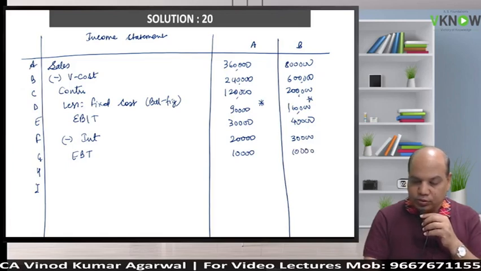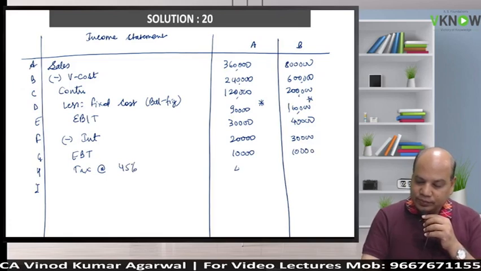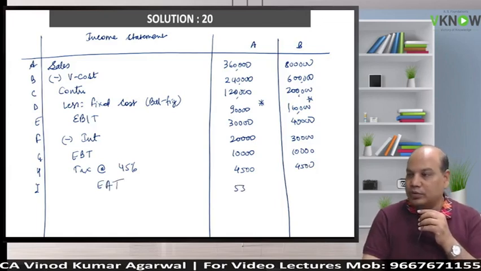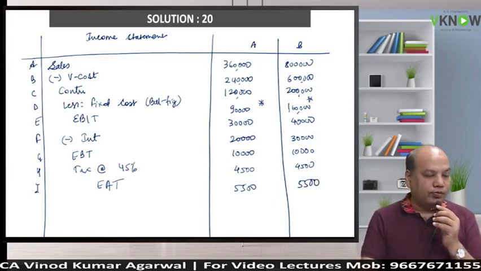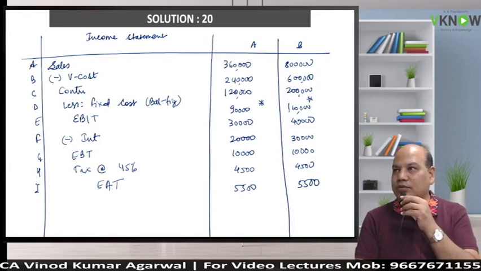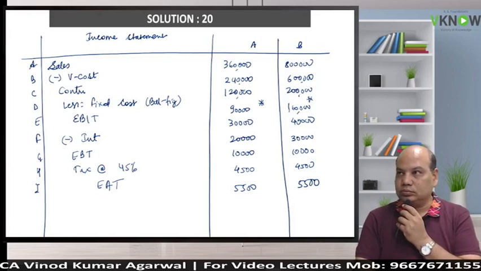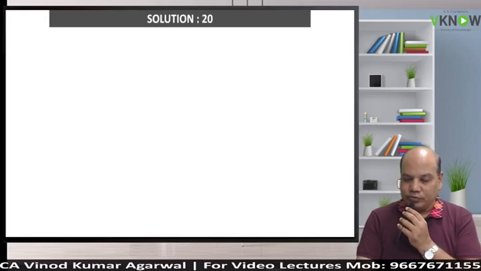Tax at the rate of 45% is 4,500. Therefore, earning after tax 5,500. For this much effort, you will get 4, 5, 6, 7, up to 10 marks. Done. Any query on this? Similar questions are asked in the exam with different figures.